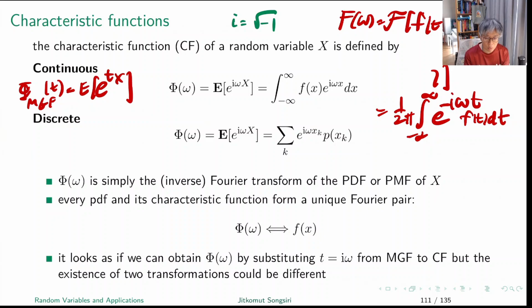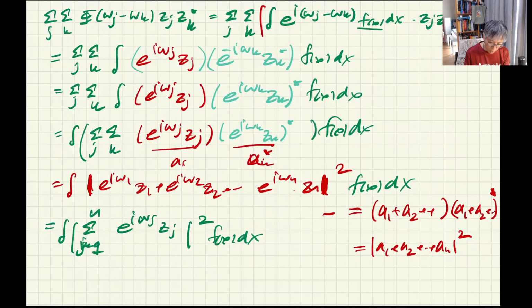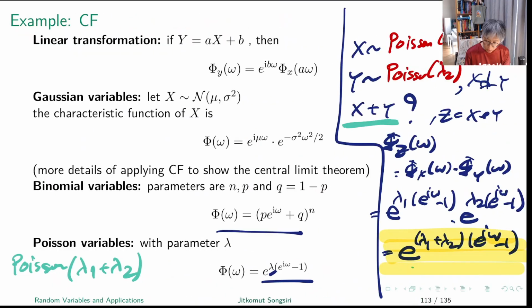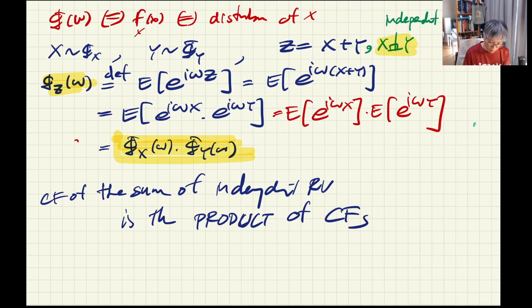And under a transformation, can you apply the property of the transformation and derive the new CF, and make use of the result that we explained here? What about the new distribution of the sum of two independent random variables?